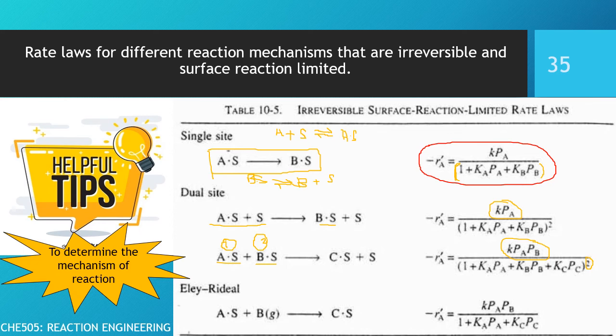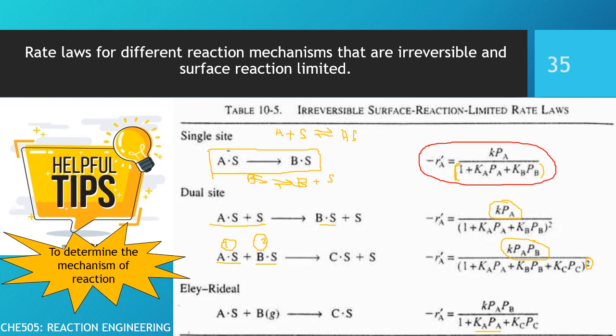But what are the species that attach to the active site? We know that we have 2 reactants, but only reactant A appears at the denominator. So only A is attached to the active site. Only A is adsorbed on the active site.